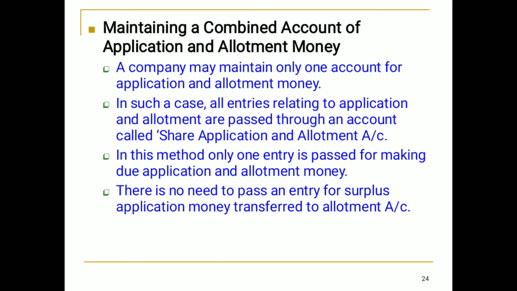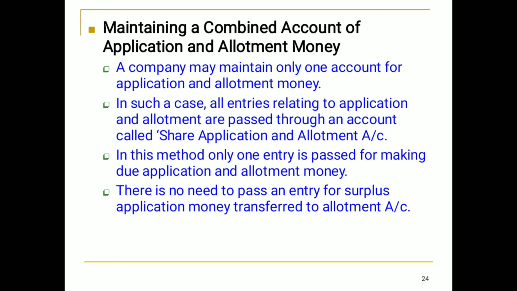So the journal entry for making allotment money due and transferring the amount of application will be combined, and instead of two, only one entry is passed. Alright?